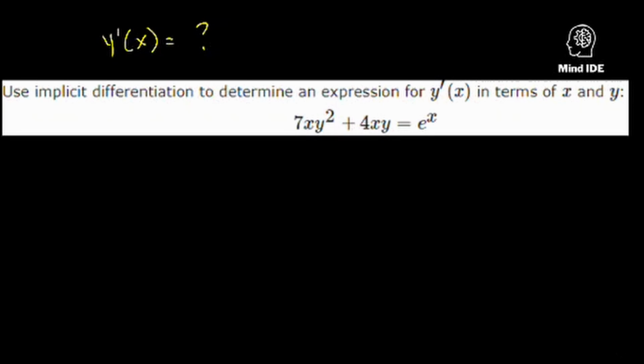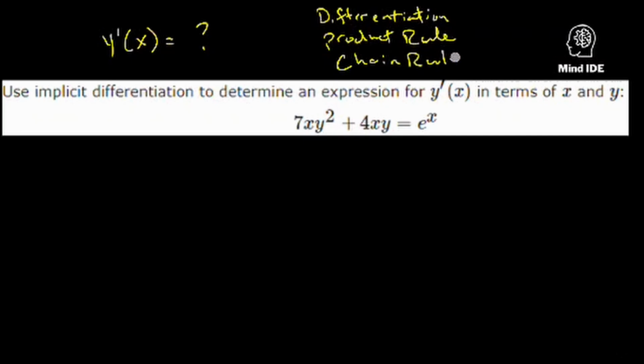Okay, so in this we're going to use differentiation. We're going to use the product rule and chain rule. Okay, so we start out and we go d over dx.